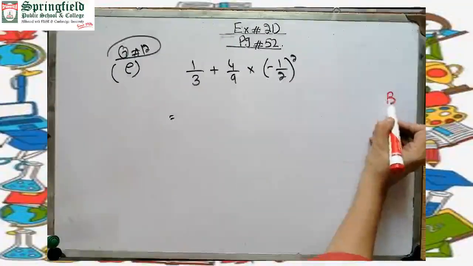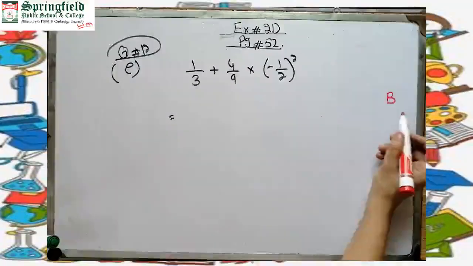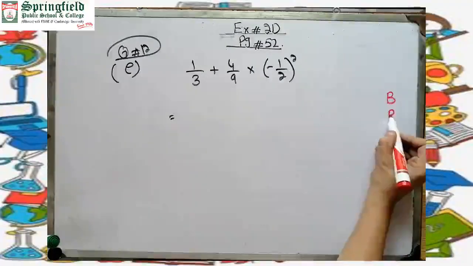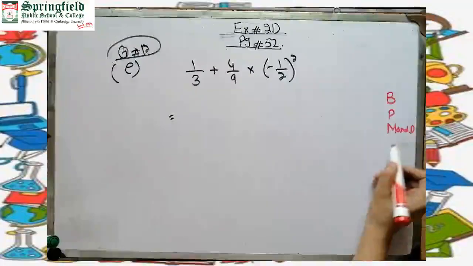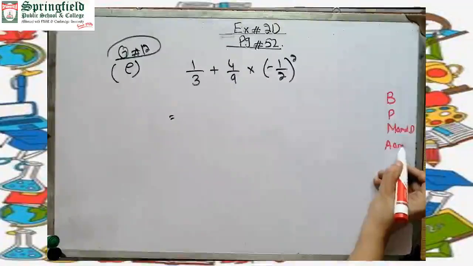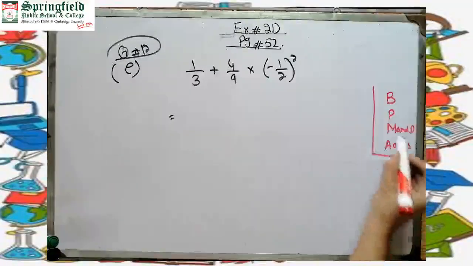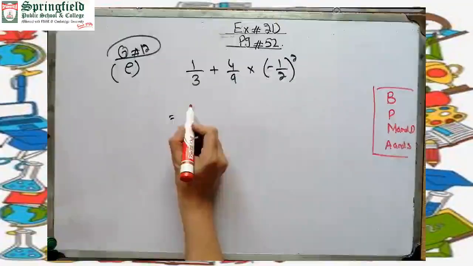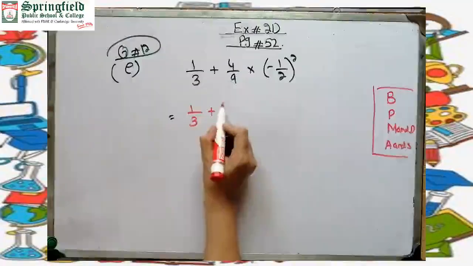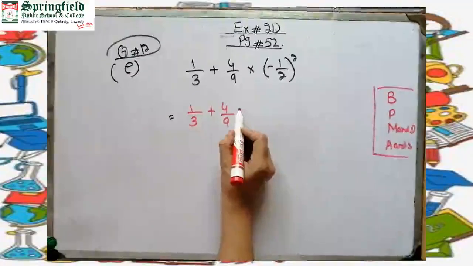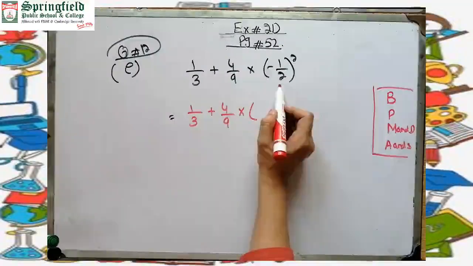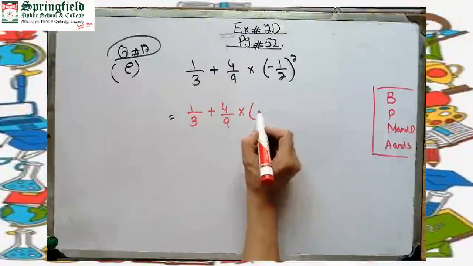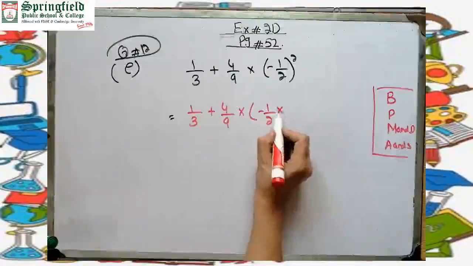Then we will come on the powers, then multiplication and division, and at the end addition and subtraction. Now solve the brackets: minus 1 by 2 whole square means minus 1 by 2 will be multiplied 2 times.